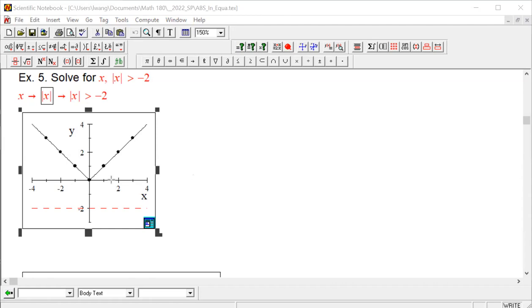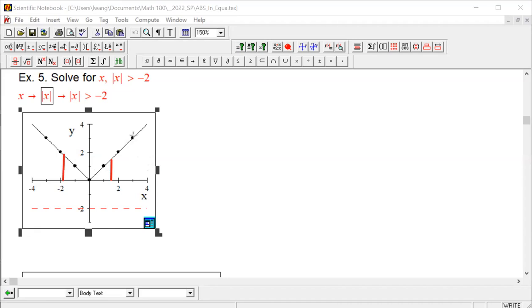If you just choose arbitrarily any input, here, and that's the output, this output is positive. Is this positive number larger than -2? Yes. And if I choose input equals 0, the output is 0. Isn't 0 larger than -2? Yes. Then this number is the input, and that's the output. Isn't this output larger than -2? Yes.